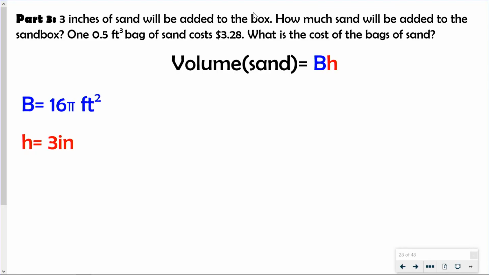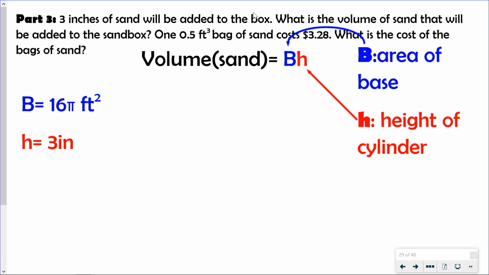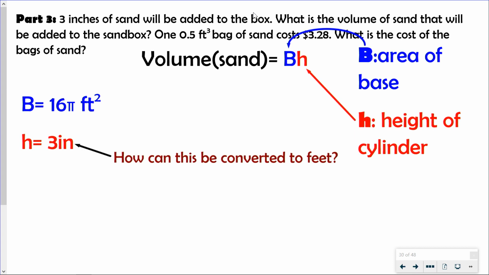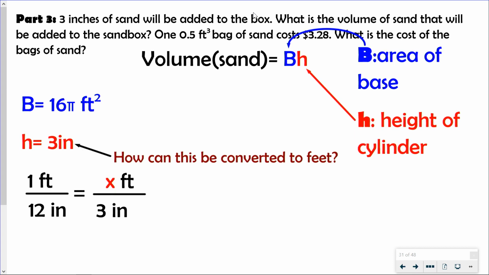Now, here we can deal with linear units. So, how many inches are in a foot? Obvious answer is 12. So we have 1 foot is to 12 inches as x feet is to 3 inches. We cross multiply and we get 12x equals 3.